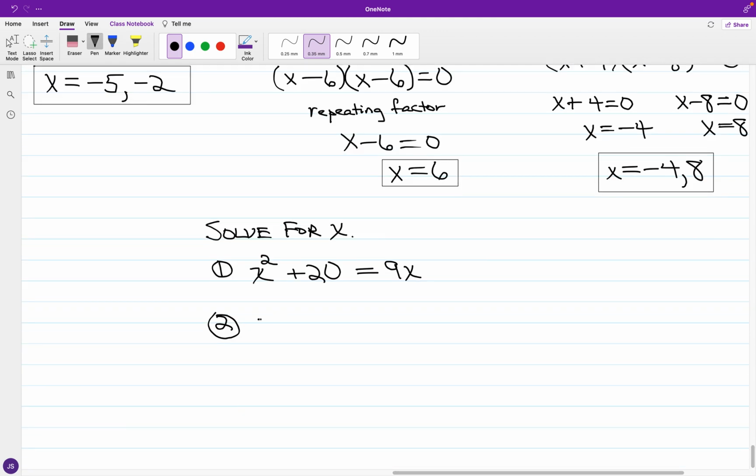And we'll say we have 3x squared plus 30x plus 75 is equal to 0. So for the next few moments, let's see what we get for x with these two equations.